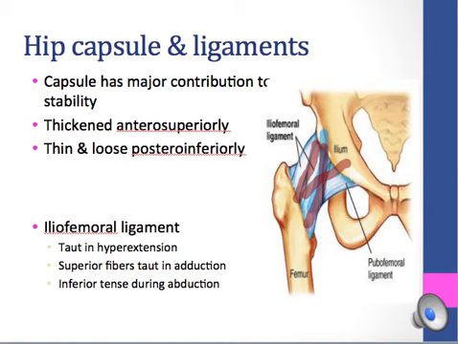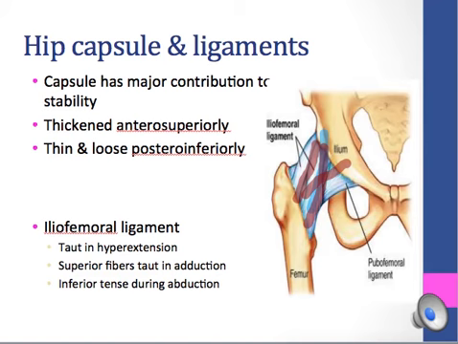It's extremely taut in extension. We don't have a significant amount of extension, but understand that you might need to do some manual therapy in that position of tautness to get some release or change out of that area.